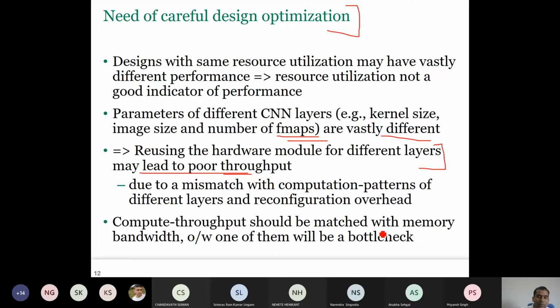Also, compute throughput should be matched with memory bandwidth. Otherwise, one of them will become a bottleneck. So we have studied this point before. Where did we study this point, that compute throughput should be very well matched with the memory bandwidth?